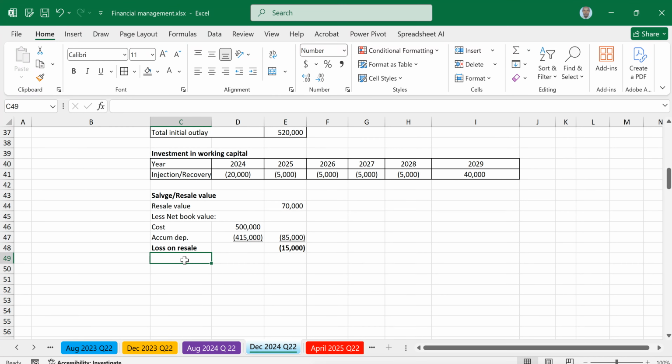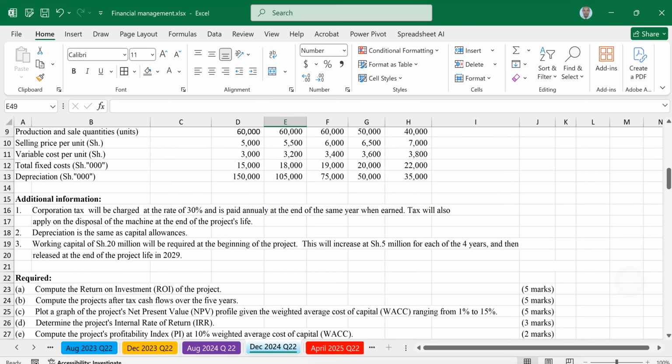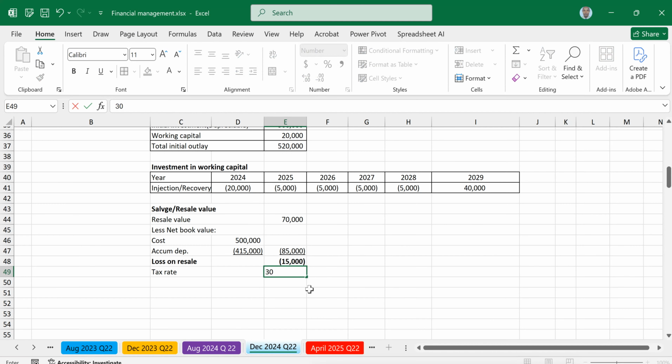So go for the tax rate. Tax rate has been given as 30% in note 1. Now if it's a loss, then that is a tax saving.